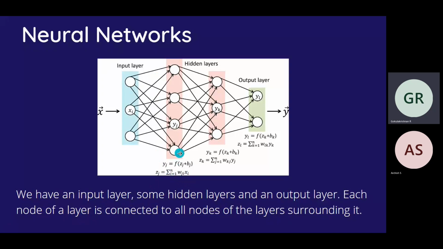That's basically the dot product of the input vector and the weights vector. And you won't stop there. You will add something known as the bias as well. There will be a bias for each node. You just add it, and then you pass this value into something known as an activation function to get the exact value of this node.